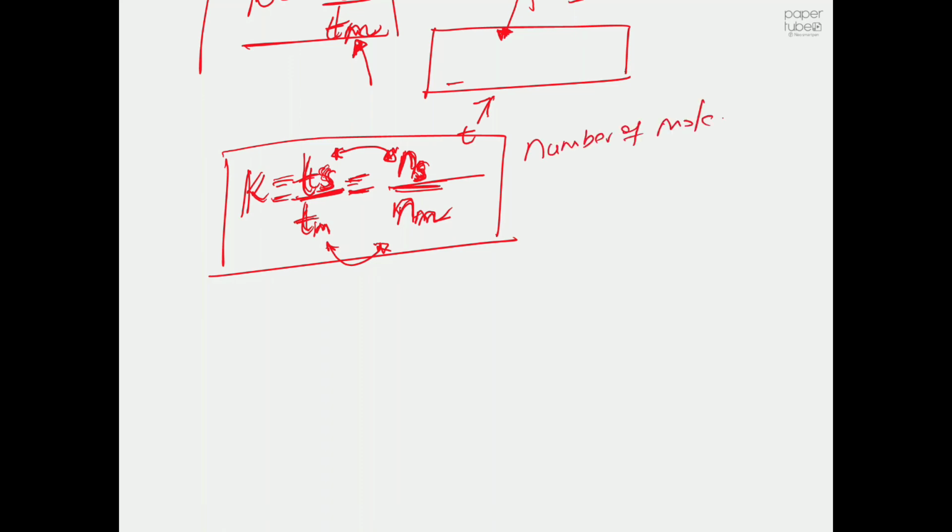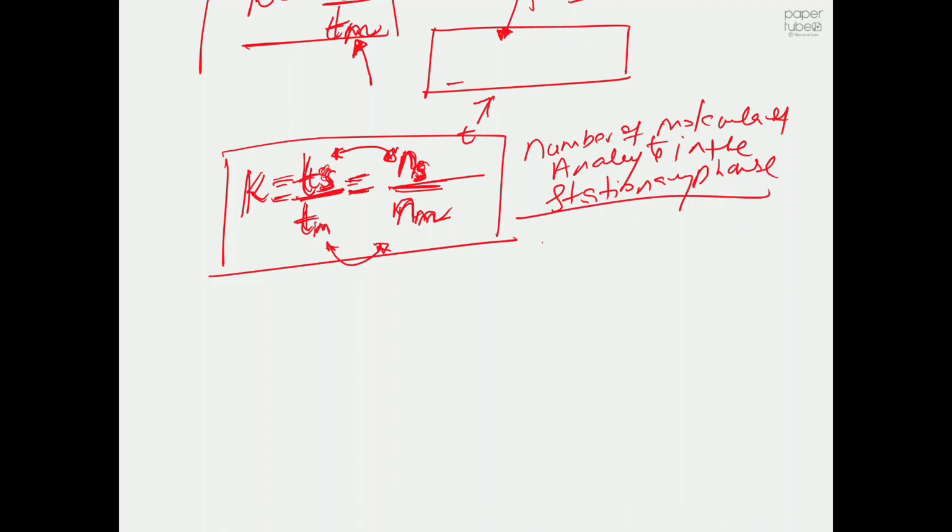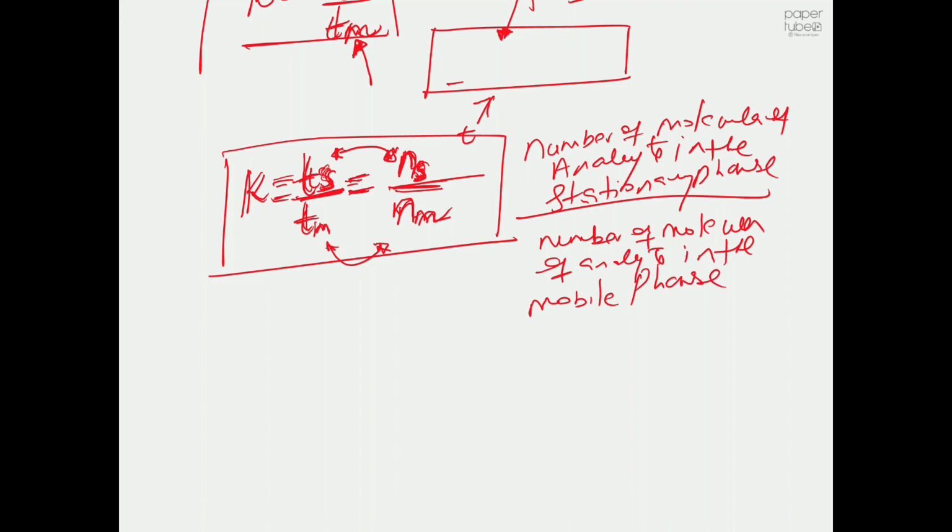Number of molecules of analyte in the stationary phase, divided by number of molecules of analyte in the mobile phase, at any instant of time, at any particular time.